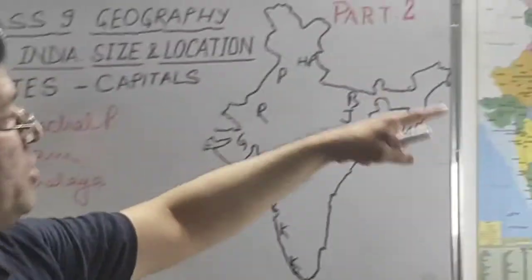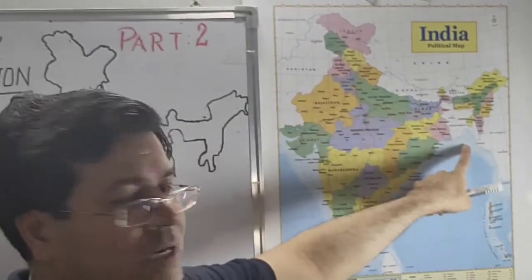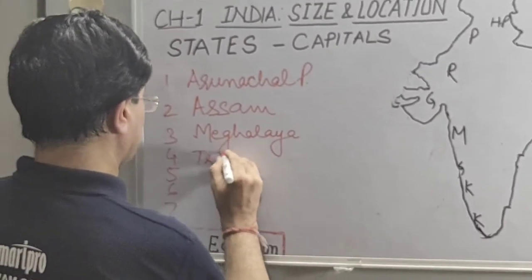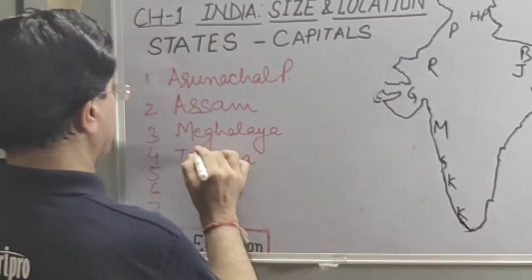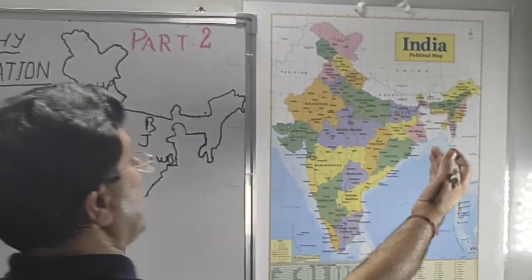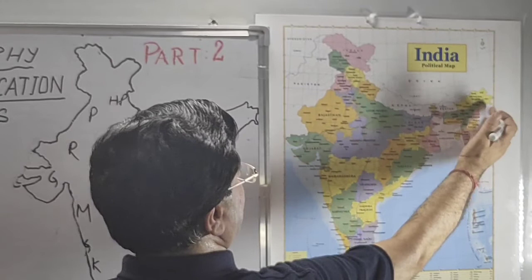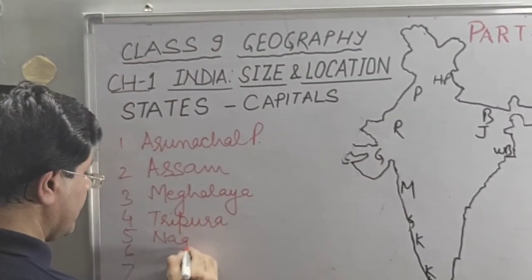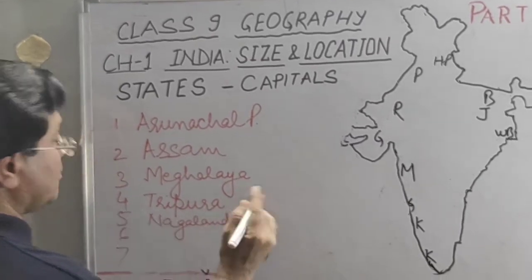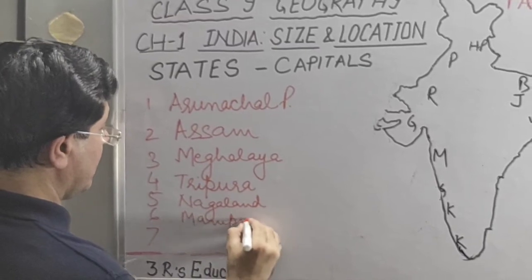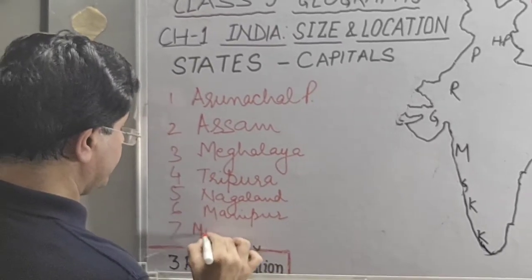Then further south, a state which is bounded by Bangladesh from 3 sides, Tripura. Then on the eastern side, the states which have a common frontier with Myanmar, along with Arunachal Pradesh, we have Nagaland. Further south, we have Manipur. And then Mizoram.